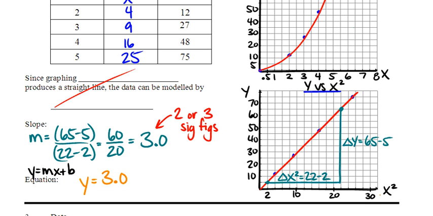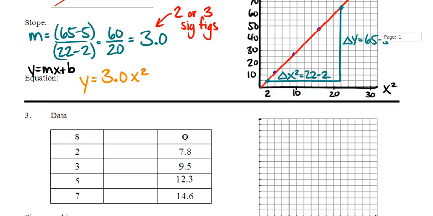Multiplied by the x. Now we don't really have an x-axis. We changed it a little bit. It's an x-squared axis. And I don't really have a y-intercept, so I'm not going to worry about that. So the equation for this line is y equals 3.0-ish x squared. So there's graph number 1.